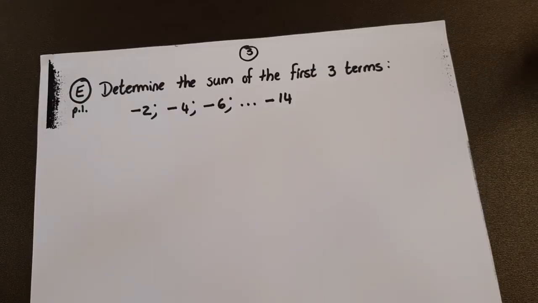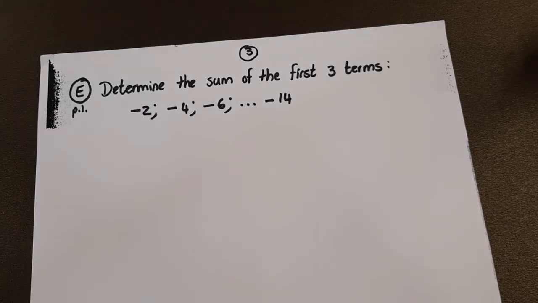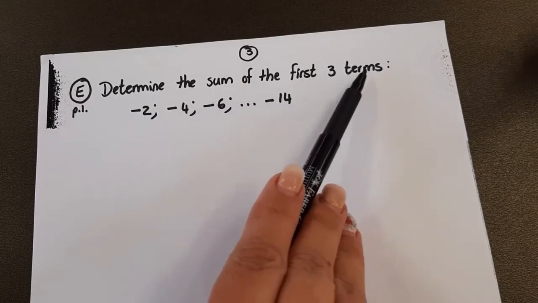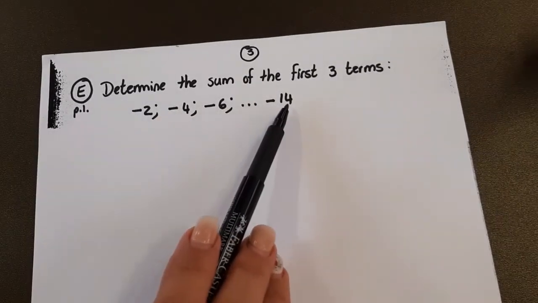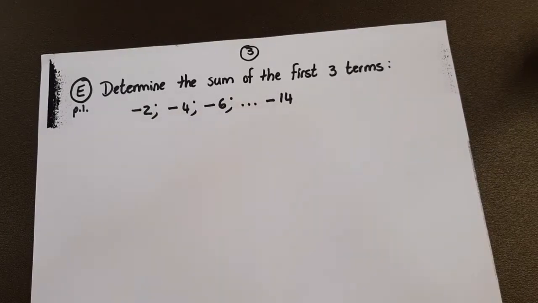Let's look at a few examples. The first example that we are going to do is example E on page 1 of your notes. It asks, determine the sum of the first 3 terms in this sequence. Sequence because it has semicolons. Now first we need to determine, is it an arithmetic sequence or is it a geometric sequence?